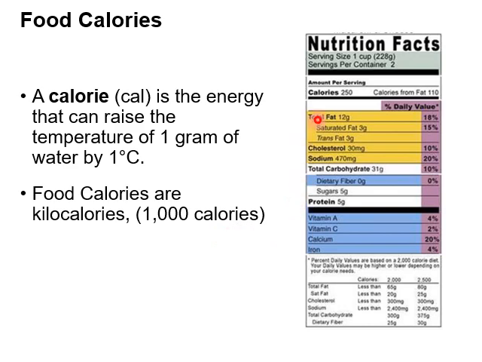For instance, this food has 250 calories per serving. What that actually means is there are 250,000 calories inside of one serving of this food. So essentially one serving could raise 250,000 grams of water by 1 degree Celsius. That's what this number literally means.